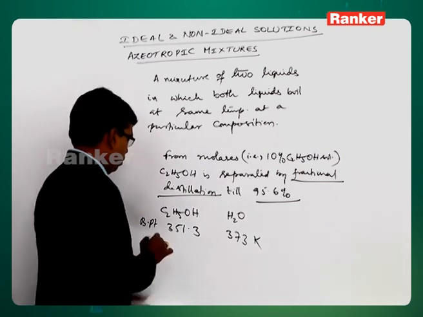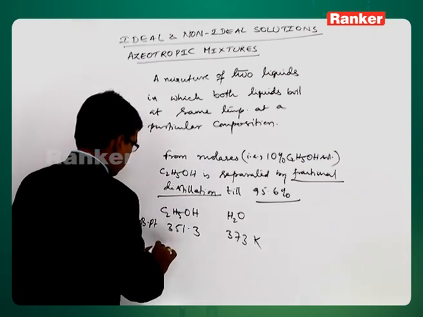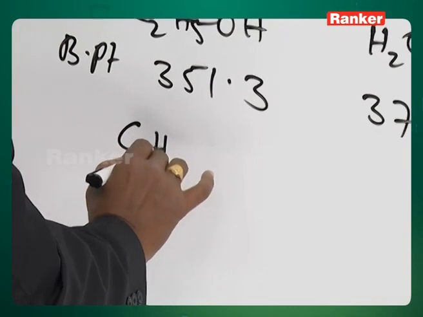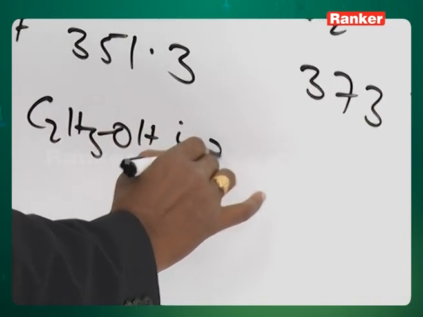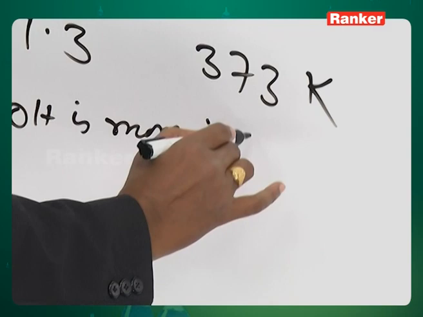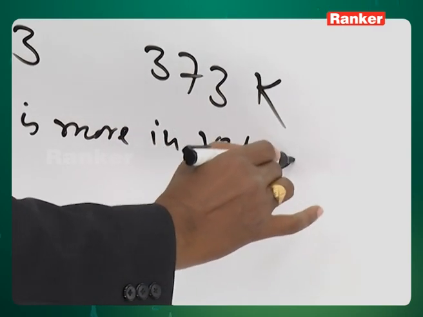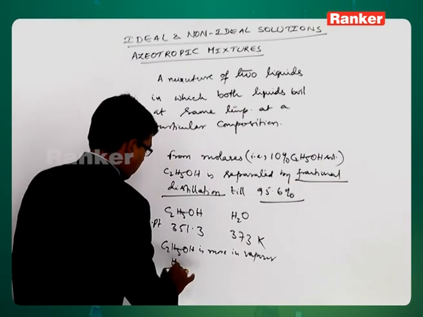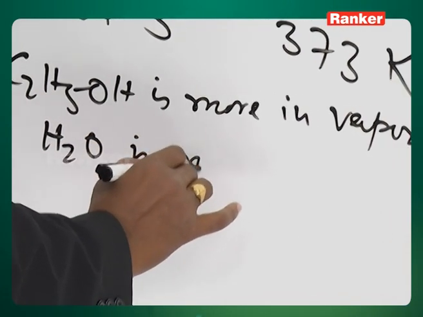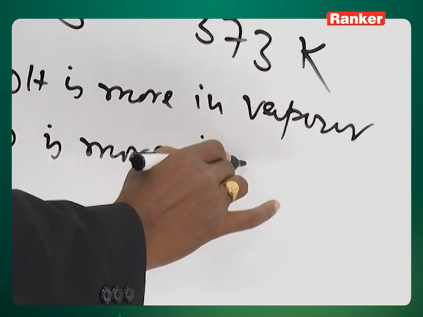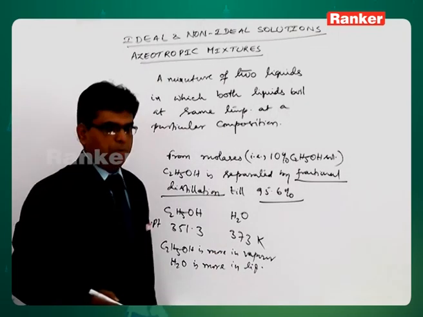So, during fractional distillation, ethyl alcohol is more in vapor and water fraction increases in liquid fraction. This is how we separate it out.